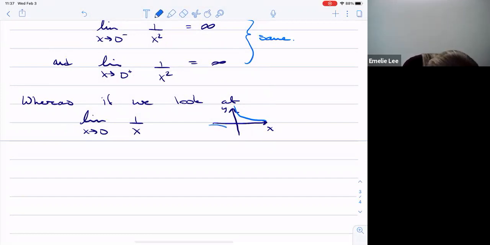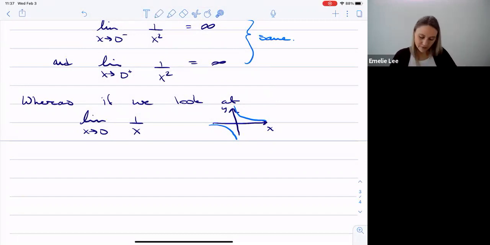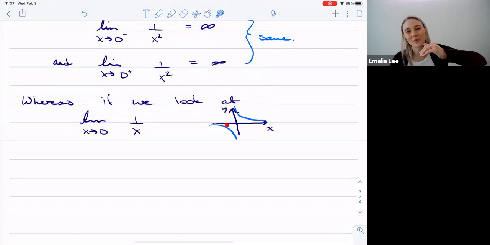That's not true. Dealing with a page break again. So here, as x goes to 0 from the left, all those values are negative, so now we're going to blow up, but in the negative direction. And then here, all our x's are positive, so now we're blowing up in the positive direction.